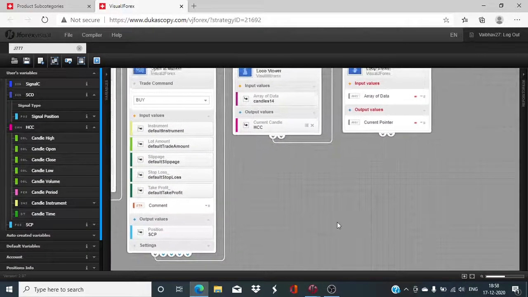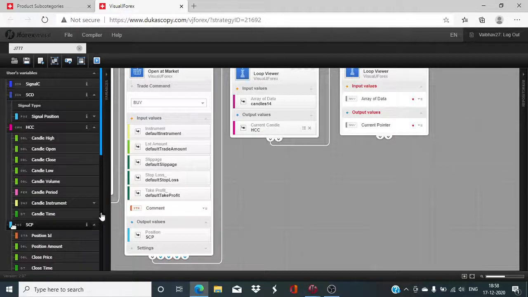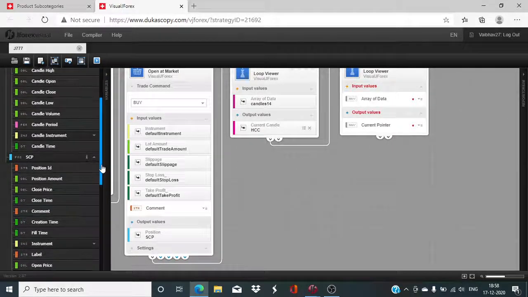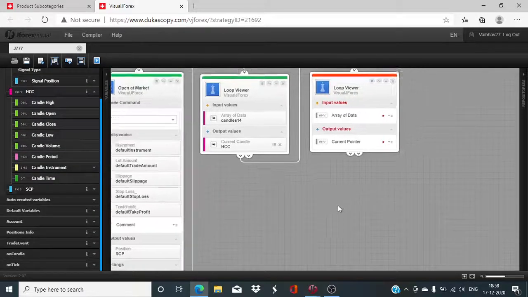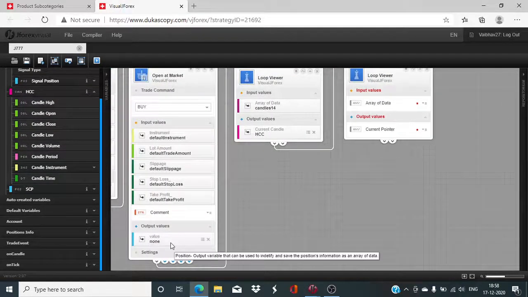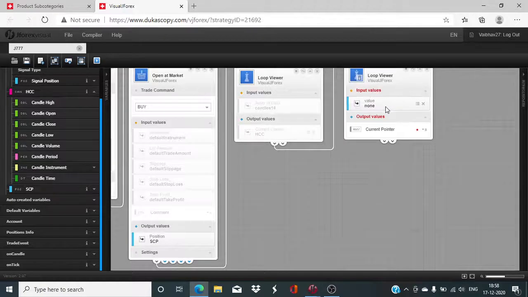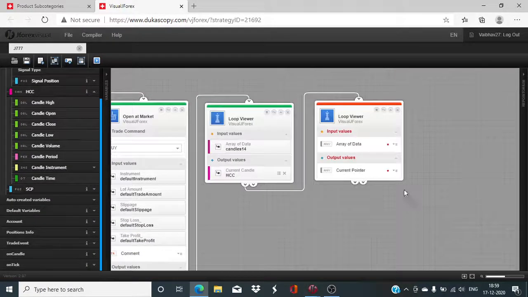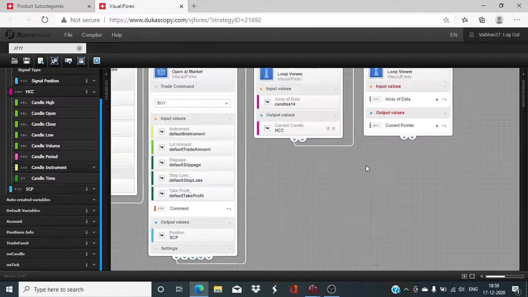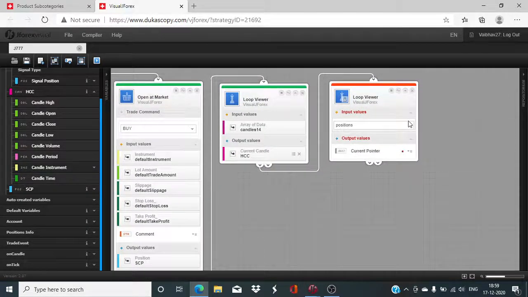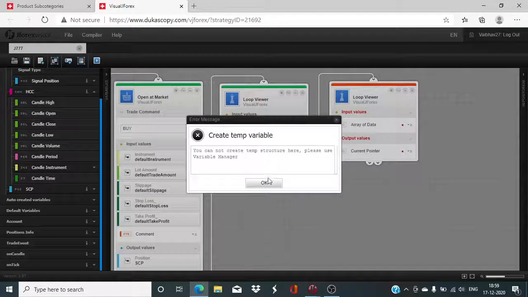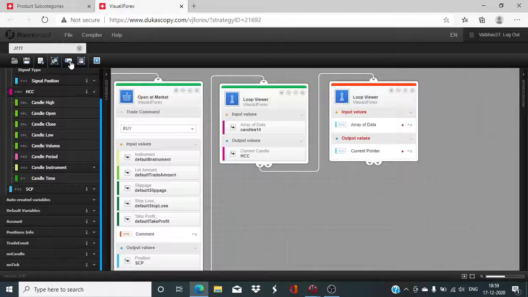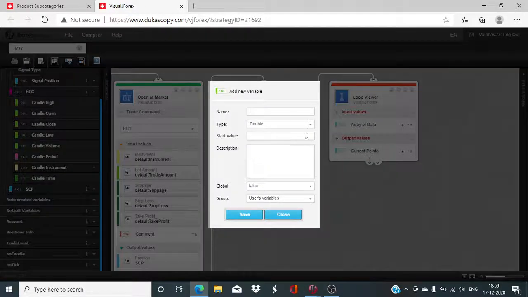Okay, so we have generated the position now. It's not supporting, so we can't really put that. We will have to create a new individual variable.